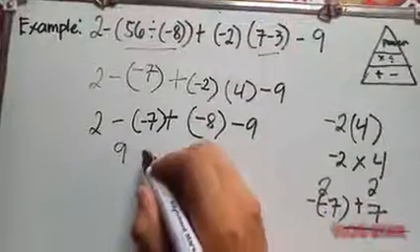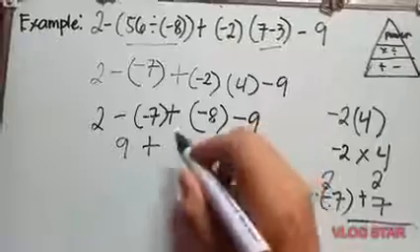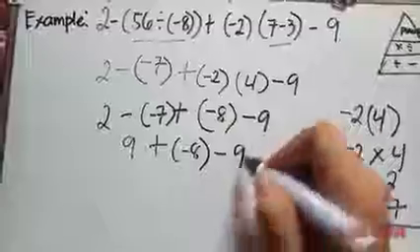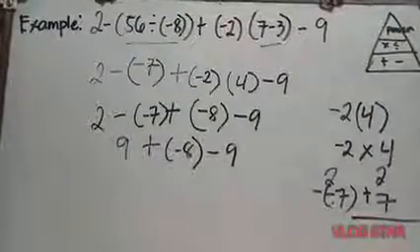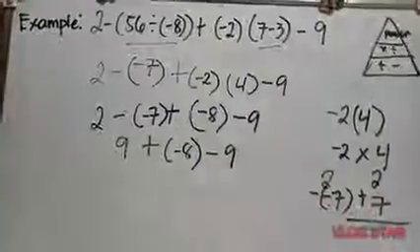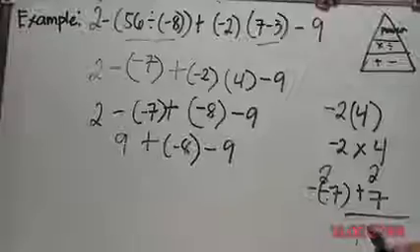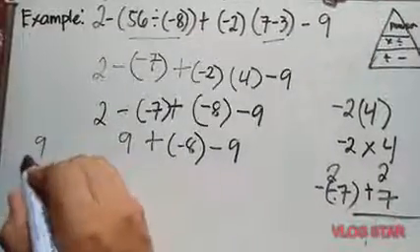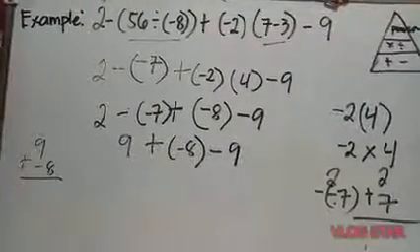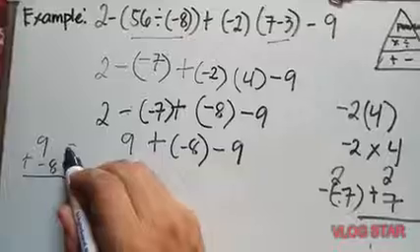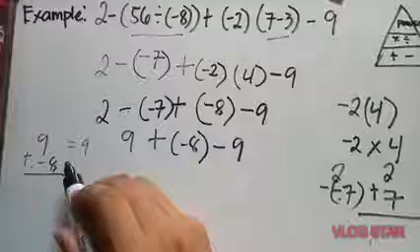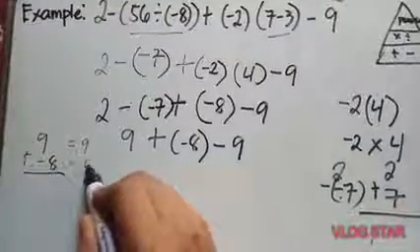Okay, next is plus the negative 8 minus 9. So the next step is 9 plus negative 8. So how should we solve this one? Then we should get first the absolute value of 9. The absolute value of 9 is positive 9, and the absolute value of 8 is positive 8.